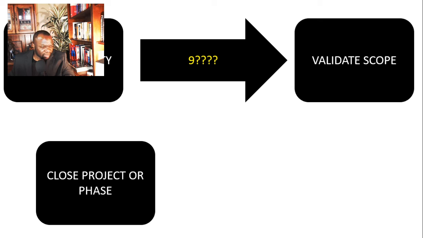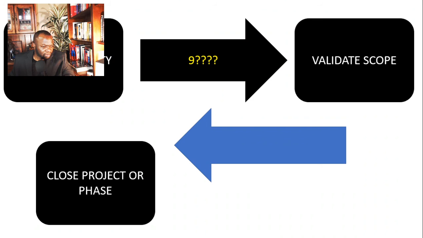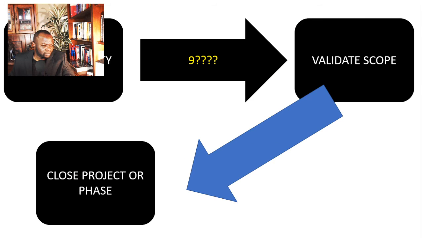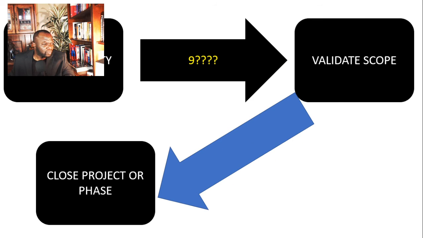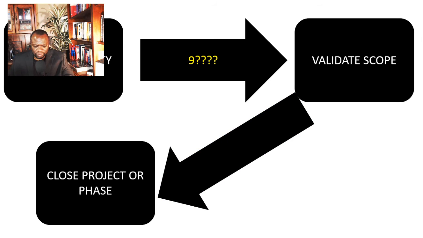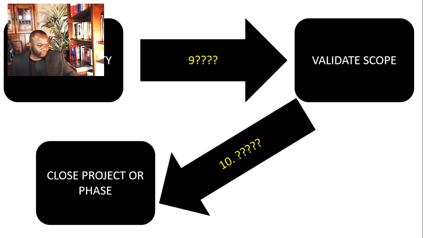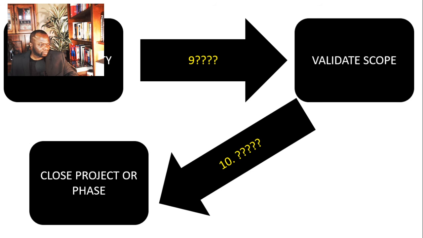Okay, how about this? So what comes out of validate scope and goes to close project or phase? Anybody know any of these answers?